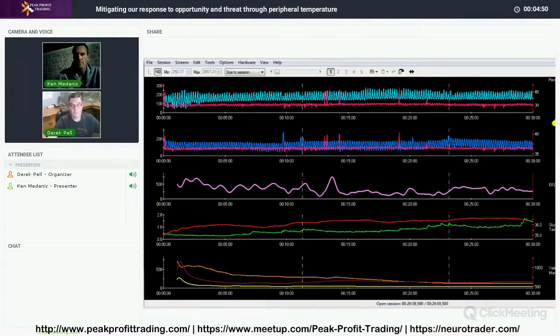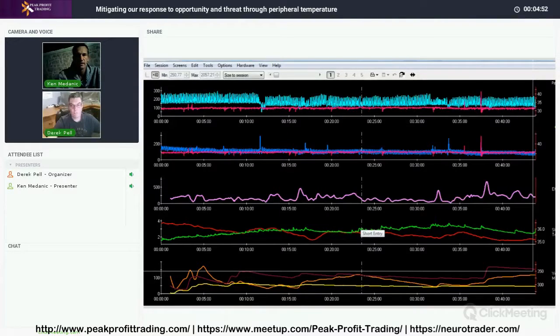And so after that winning trade, as you can see, I chose to do a losing trade, and the hallmark of a losing trade is that temperature starts to go erratic. In addition, heart rate obviously affects your state of vasodilation or vasoconstriction, and it produces a very, very erratic peripheral temperature.